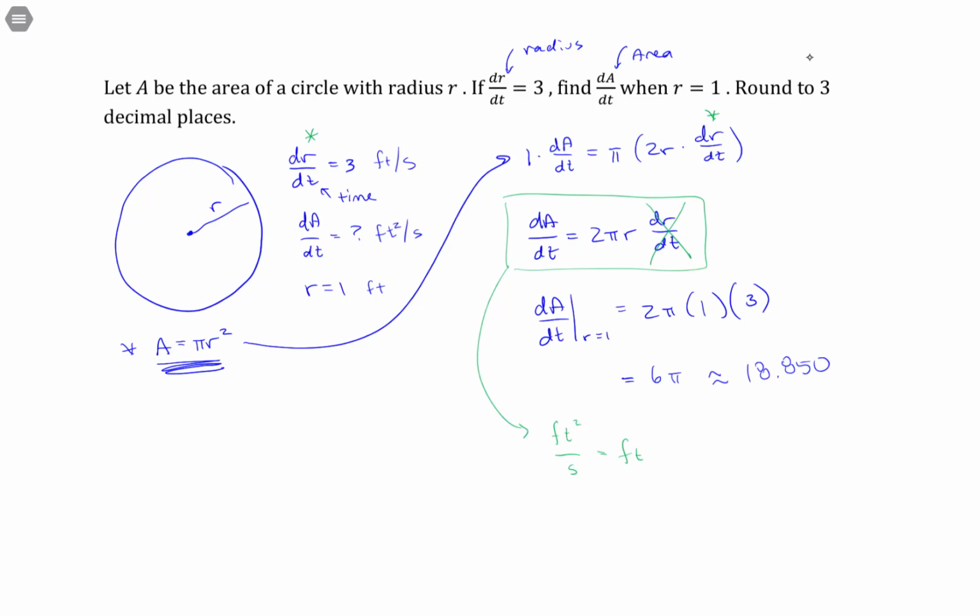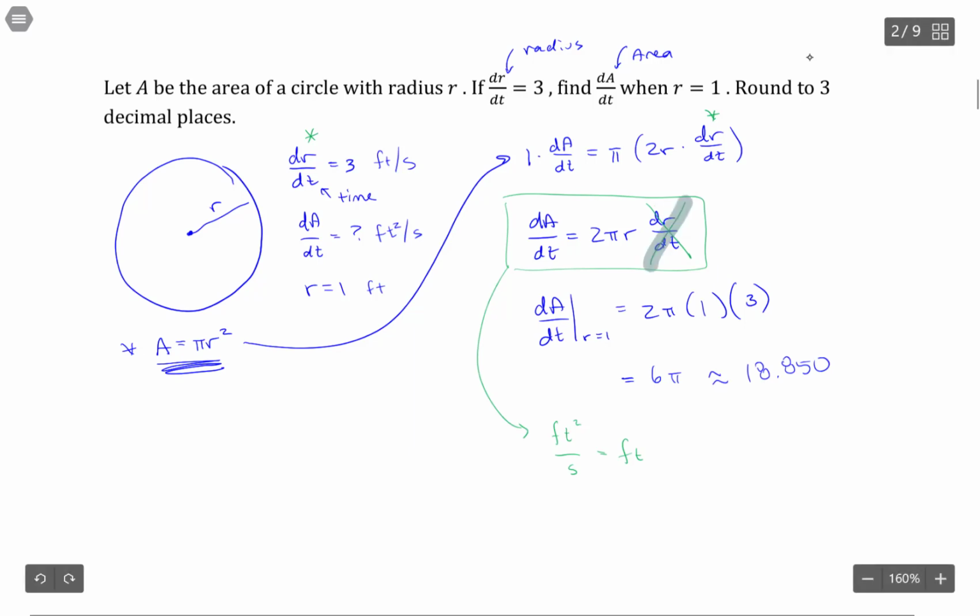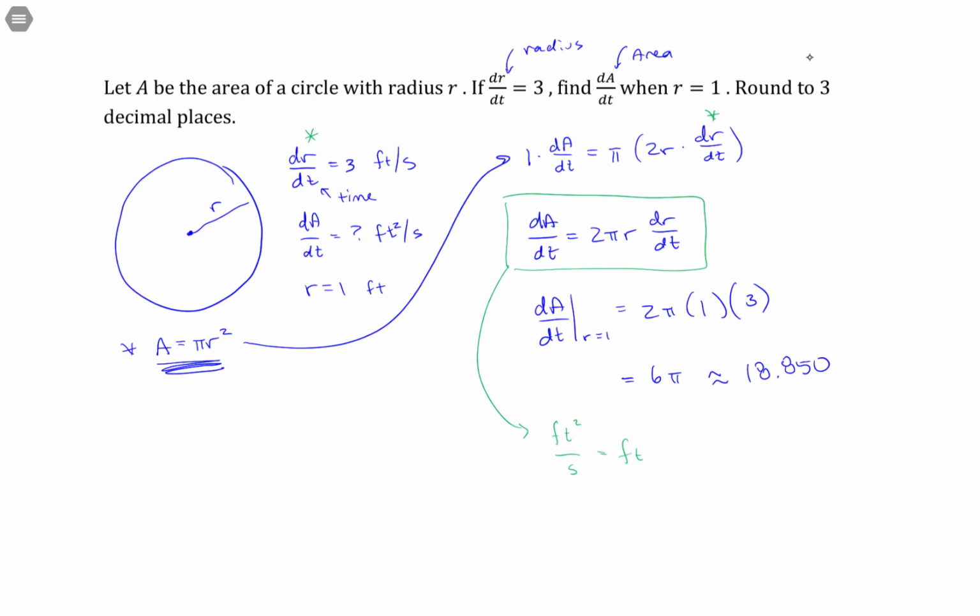That's actually dA/dr, which is different from dA/dt. And the reason that's important is because the units of measure don't work out without that additional dr/dt, because square feet per second is not the same thing as feet. But if I multiply that by dr/dt, which is feet per second, feet times feet per second is the square feet per second. So then now the units of measure match up.